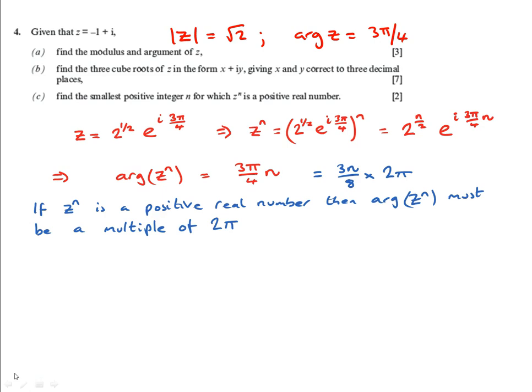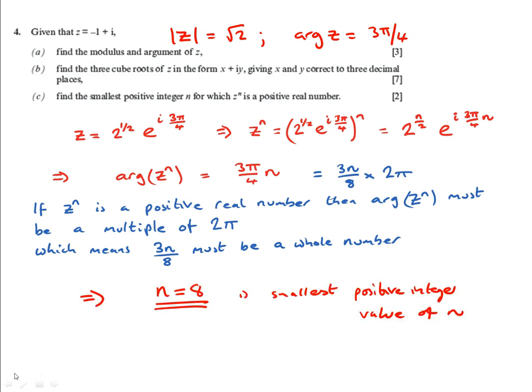So if this is going to be a multiple of 2 pi, we need 3n over 8 to be a positive integer. And the smallest integer value of n, such that 3n over 8 is a whole number, is n equals 8.